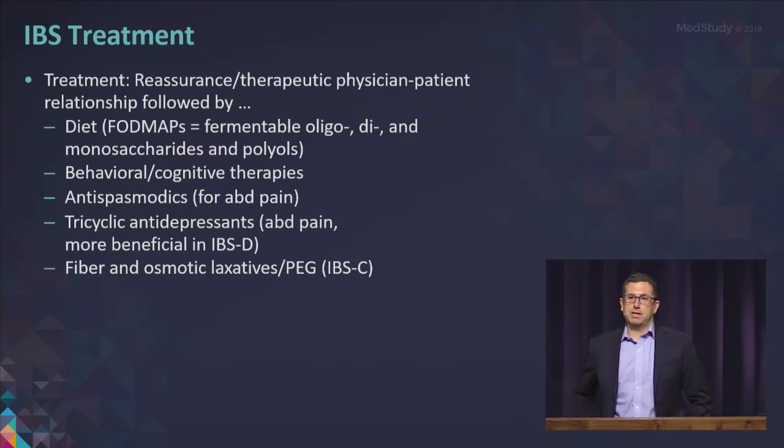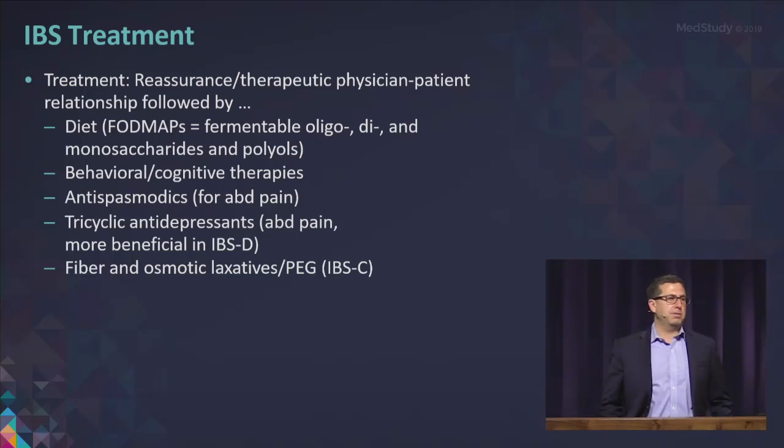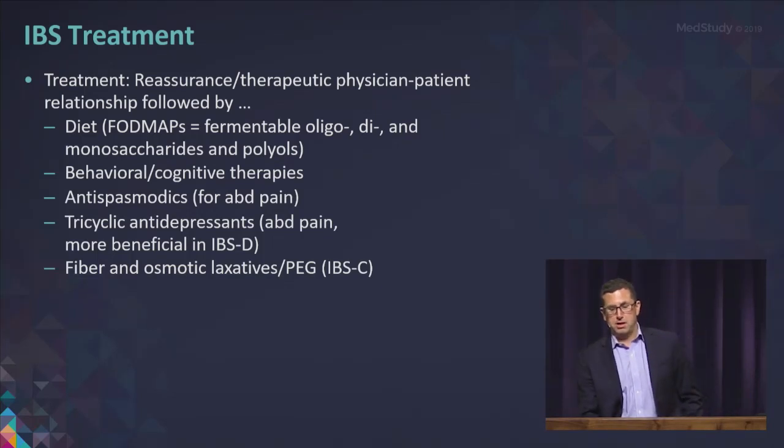You could use spasmodics, particularly if the patient is having a lot of abdominal discomfort. If the patient has IBS-D, tricyclic antidepressants can be useful because these TCAs tend to have antidiarrheal qualities to them. And you could try fiber and osmotic laxatives or PEG solutions, particularly for IBS-C.